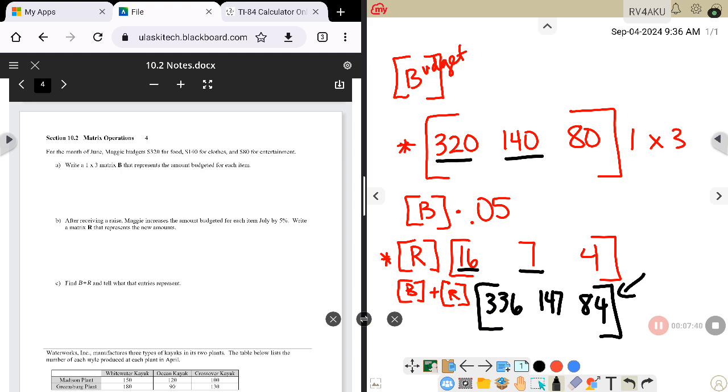Well, in June, she budgeted $320, but in July, she got that 5% raise, which means she got to add 16 to that $320, which means in July, she gets to budget $336 for food.